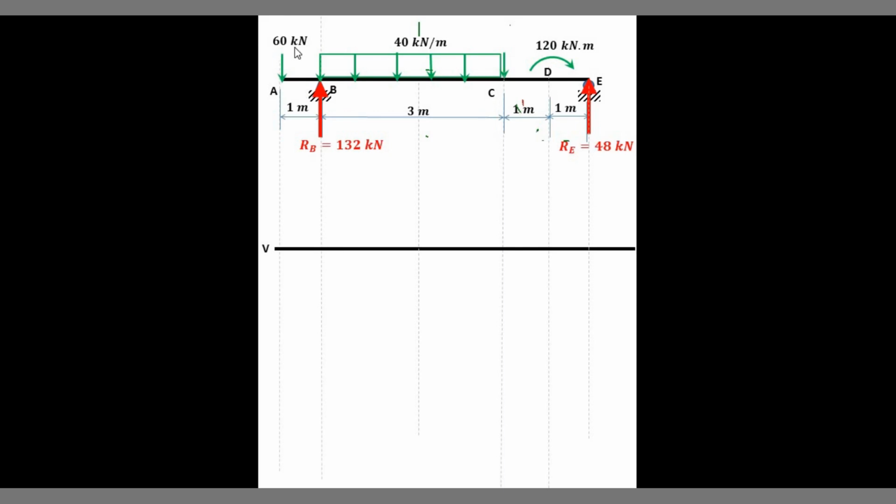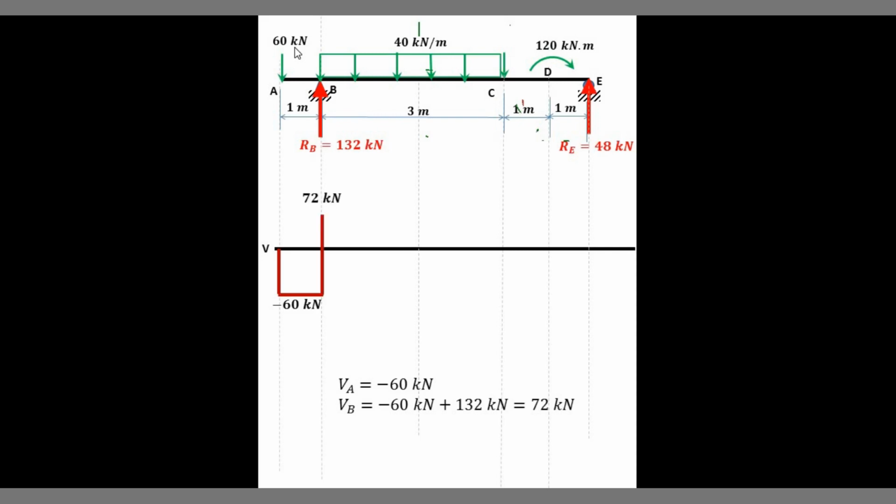So, pagdating sa shear diagram, the shear at A is equal to negative 60. Then, since walang load from point A to point B, straight line lang yun, then at point B, there is a 132 kilonewtons upward. So, shear at B is equal to negative 60 plus 132, that is 72 kilonewtons.